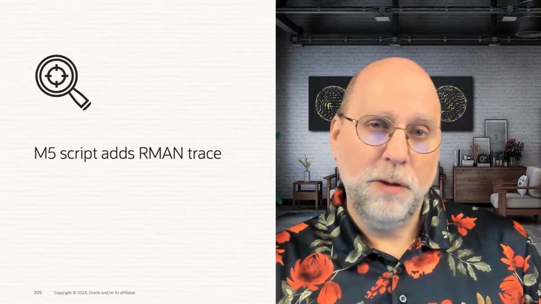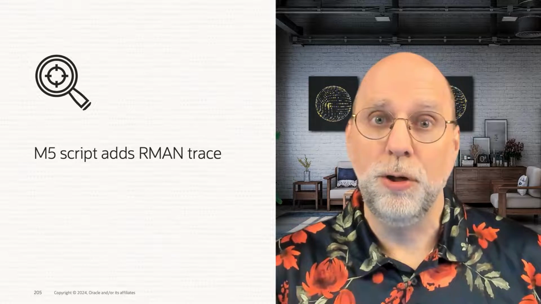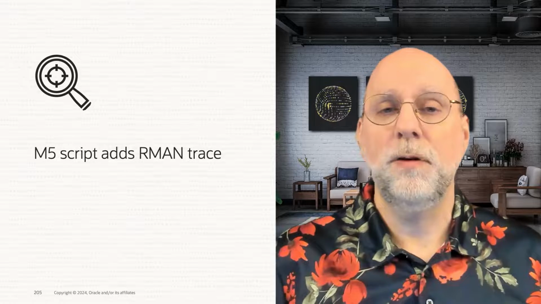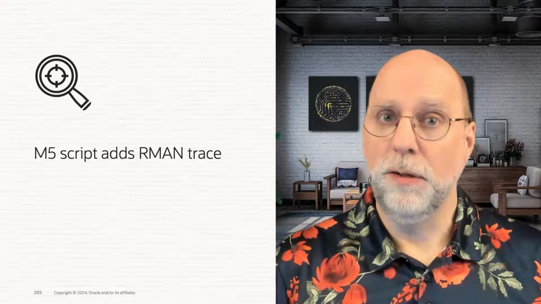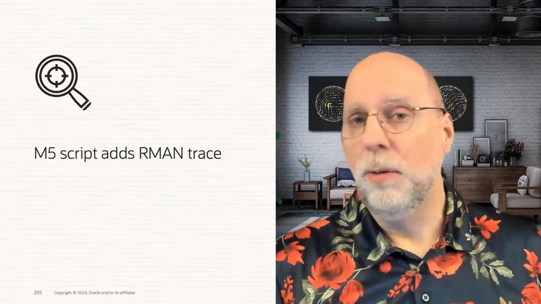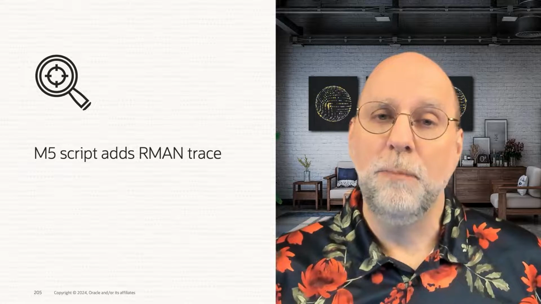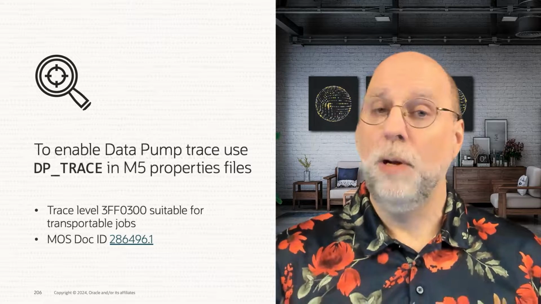The M5 scripts themselves, in order to facilitate monitoring and troubleshooting, have added some basic tracing capabilities so that you don't have to know exactly how to enable them. One of them is the RMAN tracing. So for all of those level 0, level 1 incremental backups, you get the RMAN tracing built in if you're using the M5 script. And it will also allow you to enable Data Pump tracing.